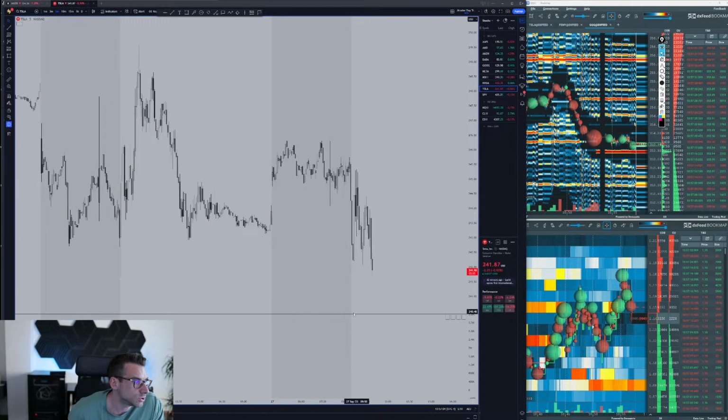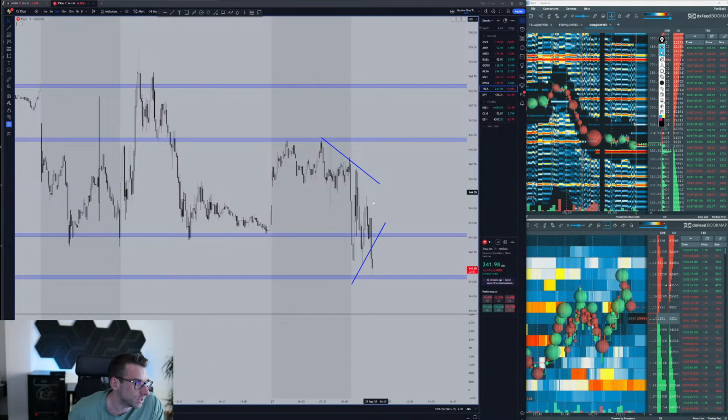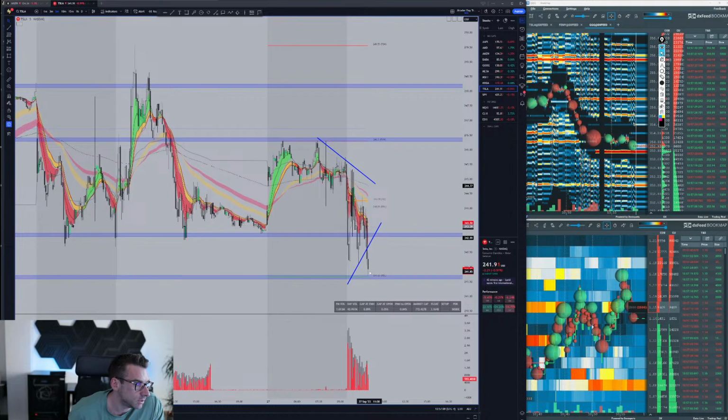Let's switch to Tesla. Break down this wedge, now getting also to the low of the day.